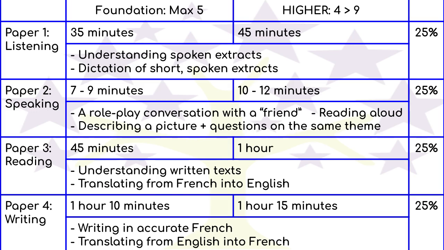Again, you have to show you can read the French, so understand the written French. And there's also a section on there where you translate from French into English. And paper 4, the writing exam, writing in accurate French, and also a little section where you have to translate from English into hopefully very accurate French.